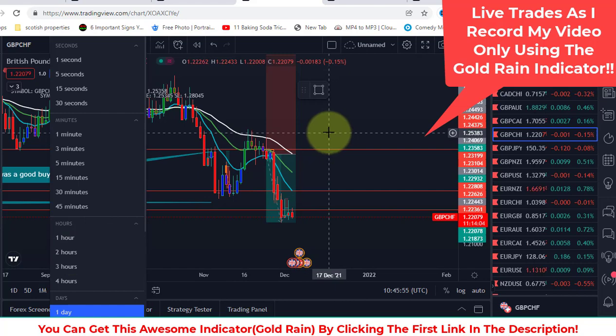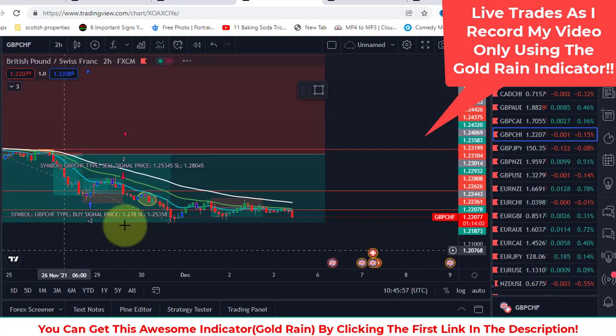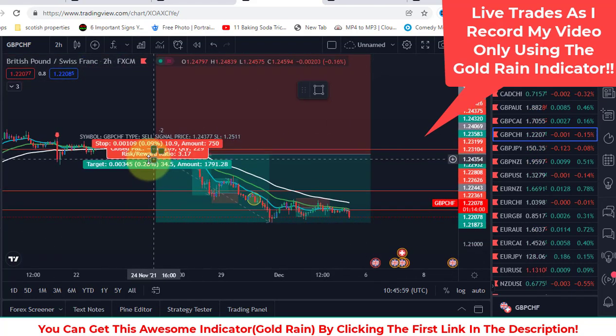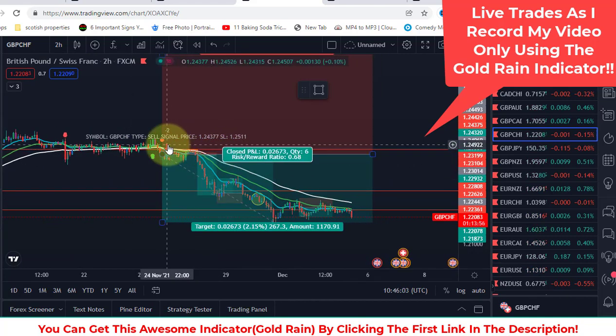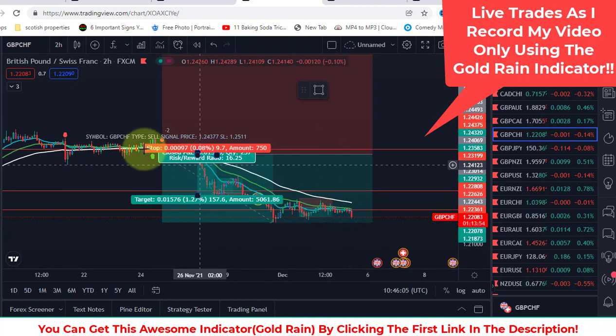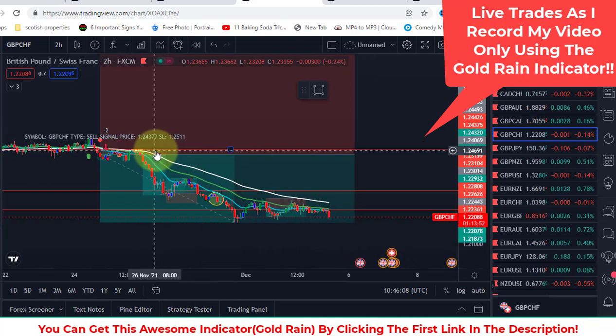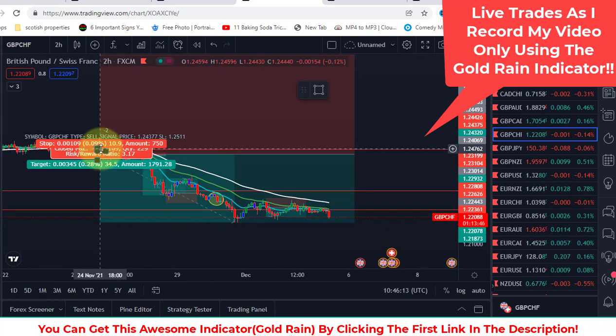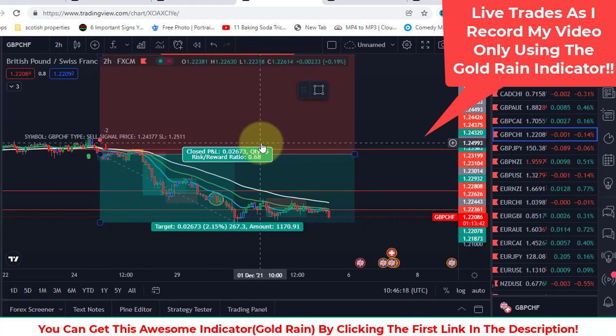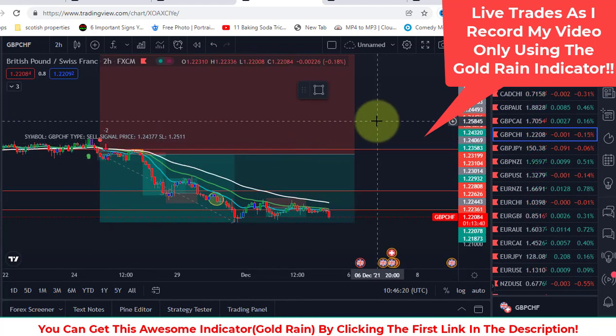In the 2 hours time frame, let's see what we have. In the 2 hours time frame we have this sell signal, which was around the time I went short. I went short slightly earlier than that, a few hours earlier. But a few hours after entering this trade, I got this as another confirmation alongside that red dot.